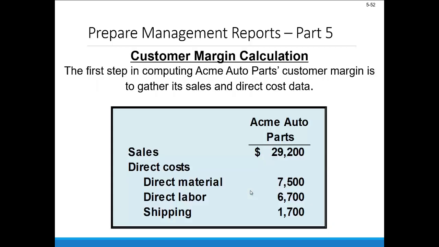Now our customer margin calculation operates about the same way. So we were using the Acme Auto Parts customer earlier for that example. Let's continue that. Let's assume that Acme, all the orders they placed with Baxter here, generated sales of $29,200. And then we had direct costs of all the stuff they ordered there, materials $7,500, labor $6,700, and then shipping $1,700.